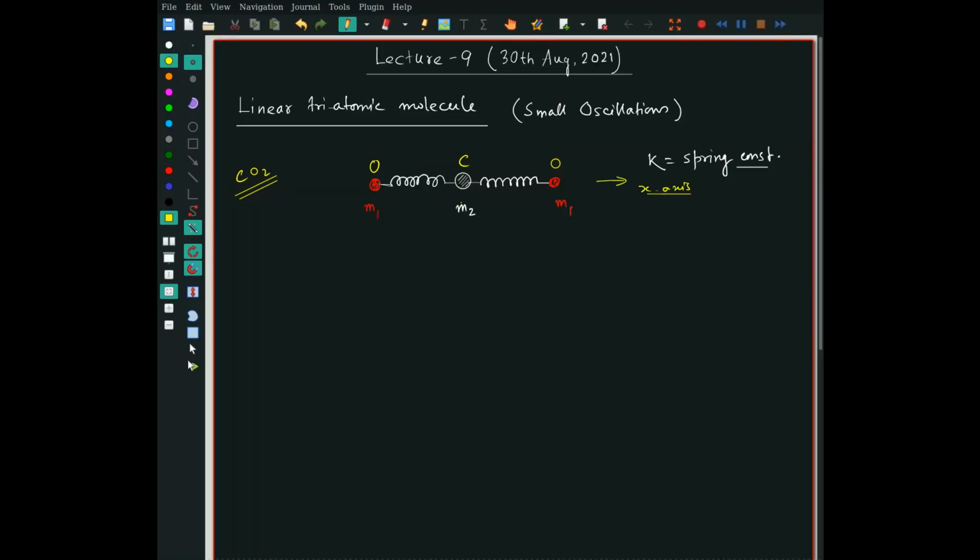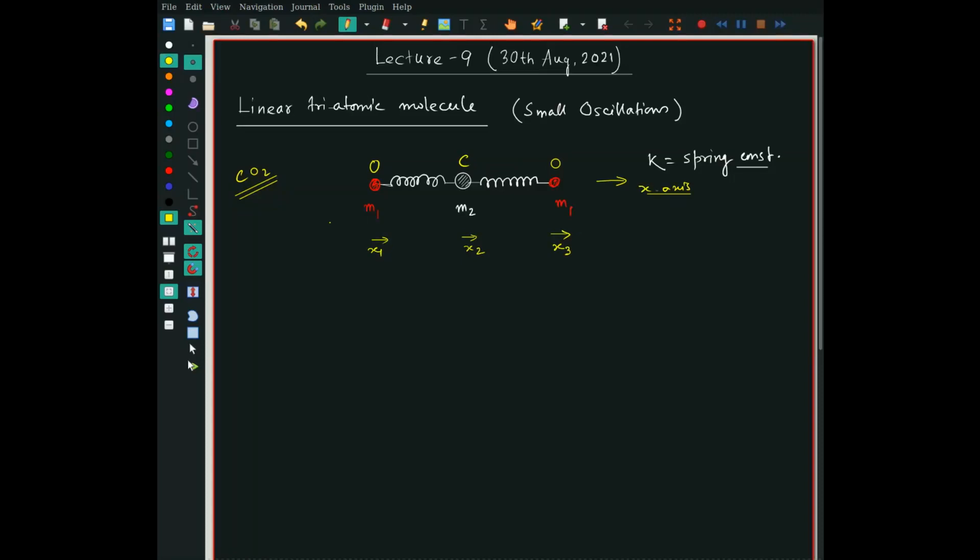From the equilibrium position, we say that this m2 is shifted by an amount x2, and this one is shifted by x1, so the displacements along the x-axis for these three masses are x1, x2, and x3 respectively.